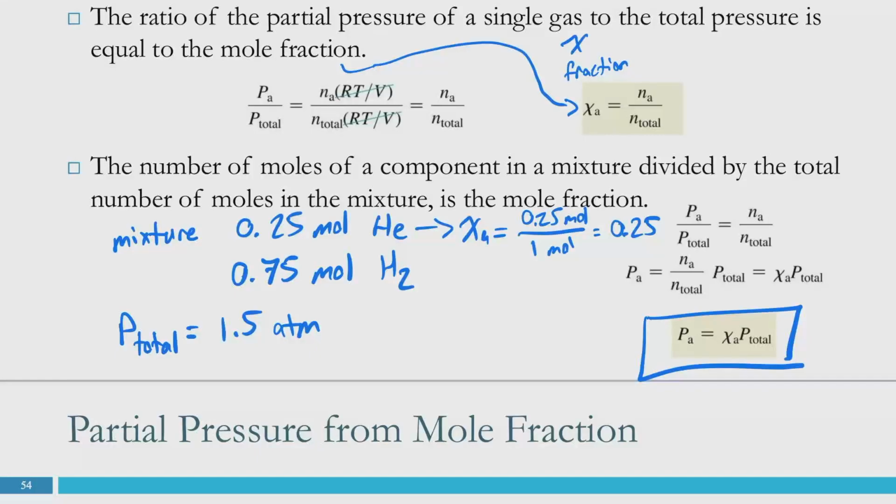Then if we wanted to find the partial pressure, so the pressure from helium, P sub He, it's our mole fraction, 0.25, times the total pressure, which is 1.5.